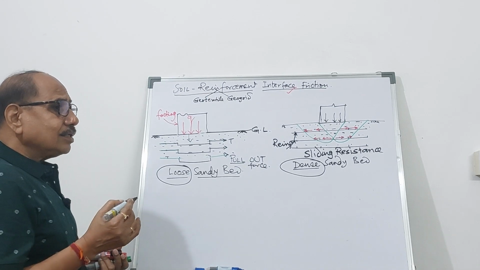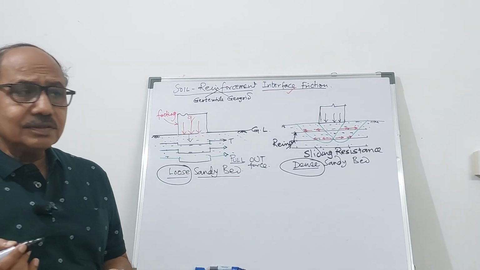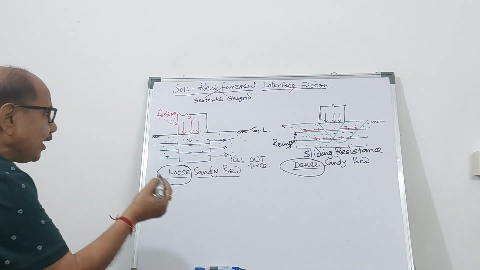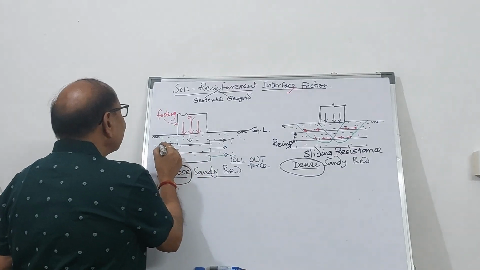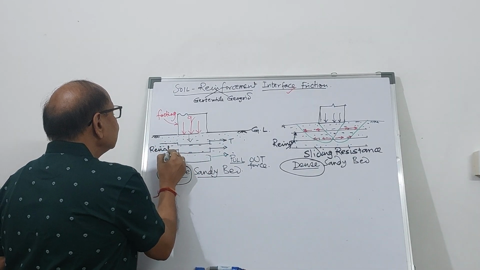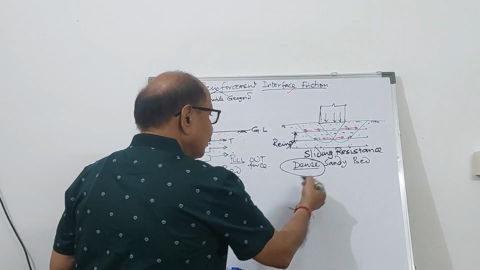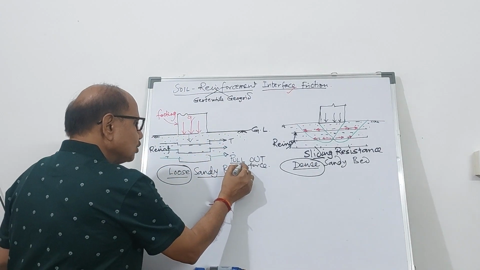So therefore, from the soil, the traction force is going to be transferred to these reinforcing elements. It is being transferred, but at one place it is sliding, at another place it is pull-out.